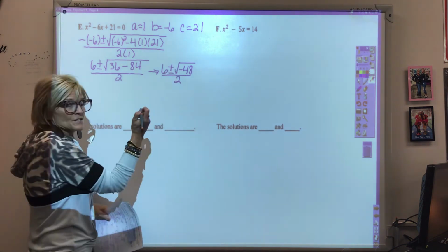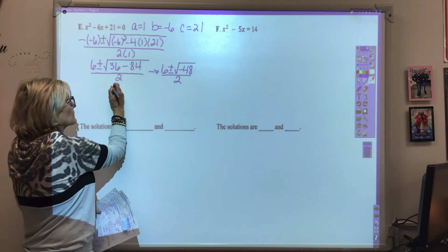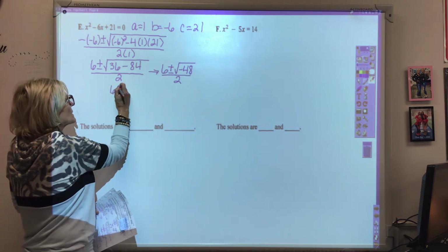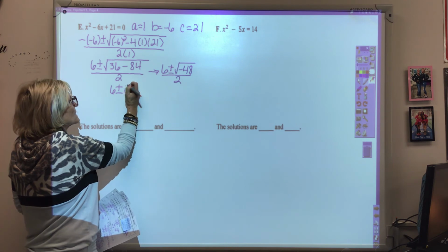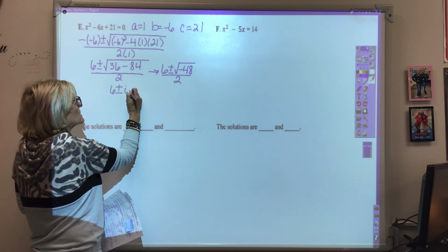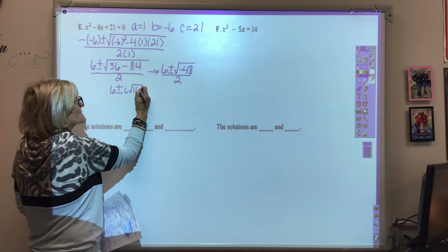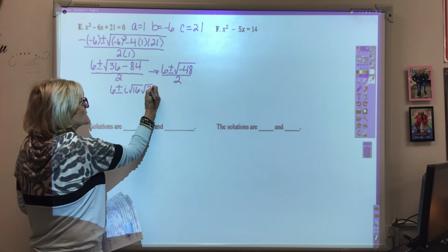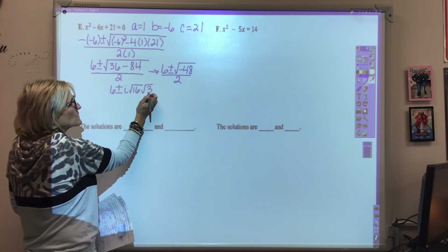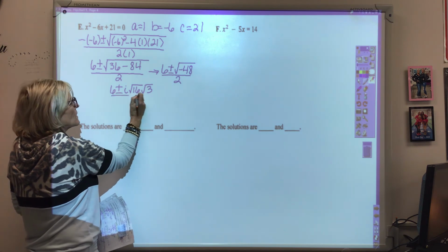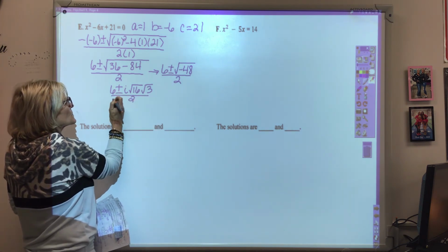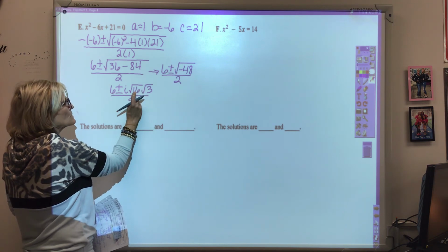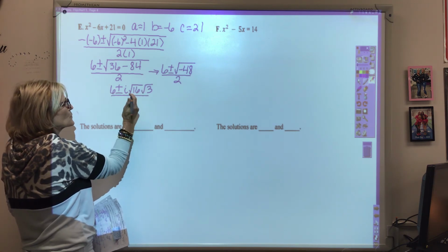So what I just said is this. We'll have 6 plus minus i, that replaces the negative, square root of 16, square root of 3. Again, that's equivalent to 48, all over 2. So then we can rewrite the square root of 16 as 4.